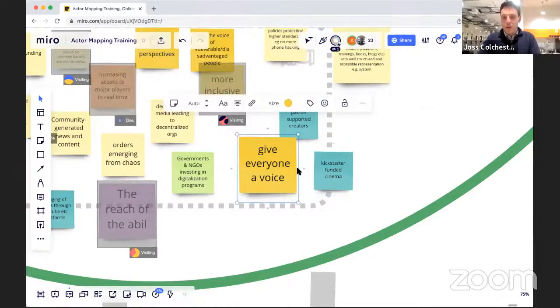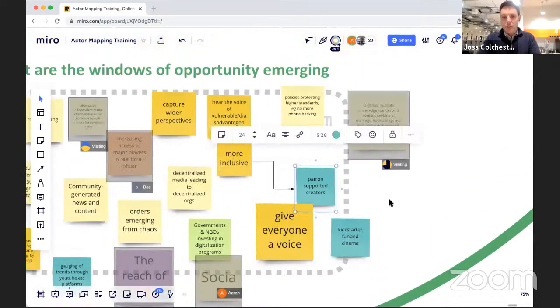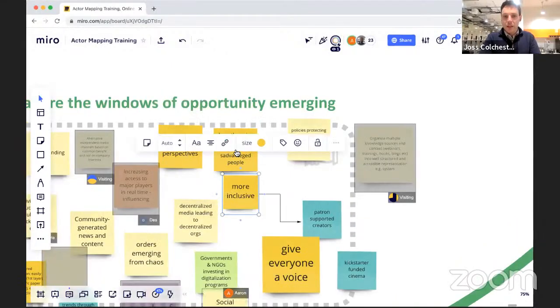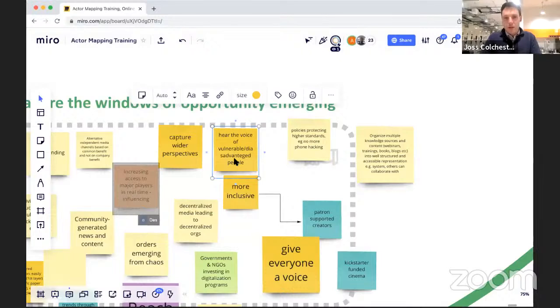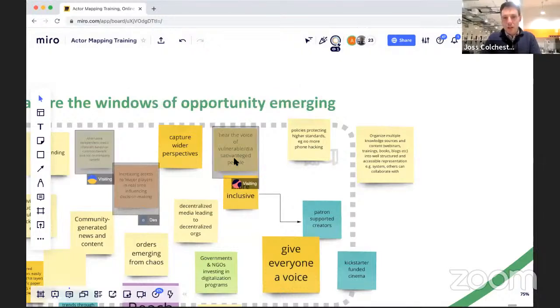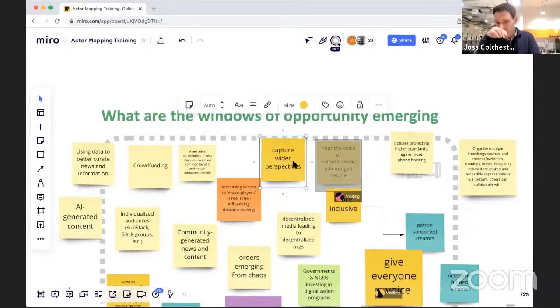Give everyone a voice. Yep. Patreon supported creators, more inclusive. Yep. Hear the voice of vulnerable, disadvantaged people. Yeah. I wonder, is this a window of opportunity? I'm not sure. Capture wider perspectives. Is this an opportunity that's going to disrupt the established system?